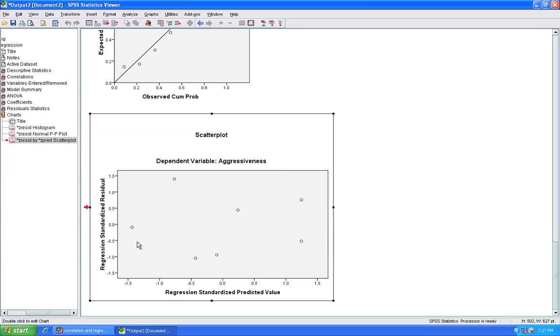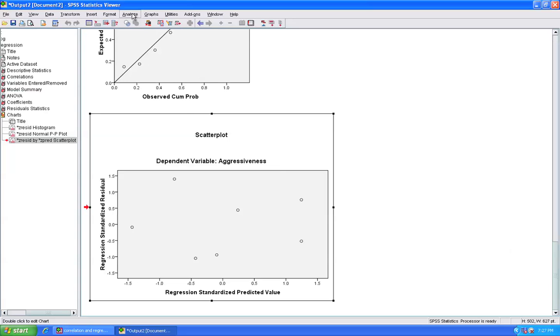What we're looking for is to have a constant variance or a constant spread of the data, and I see that the data looks fairly spread out consistently in a random pattern in this graph. Therefore, I don't have any evidence that this model doesn't fit the data. I can go ahead and use my regression equation to predict the values of Y from a given X.